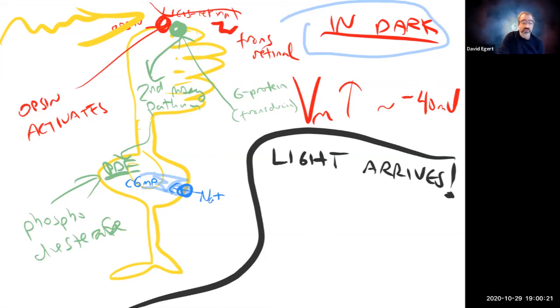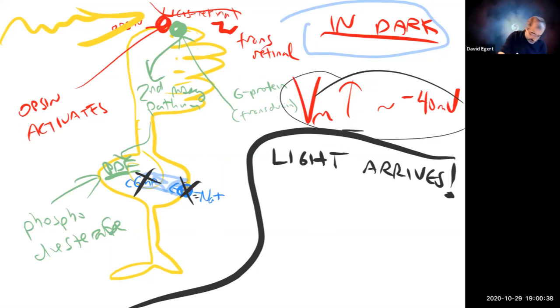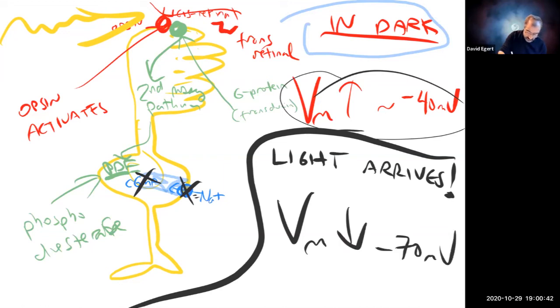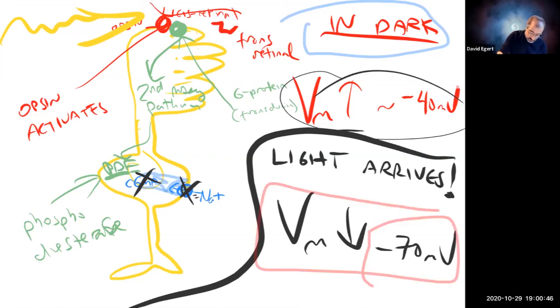What's the job of phosphodiesterase? Breaks down cGMP. Yep, it breaks down cyclic GMP, which means the sodium channels close. And now without that sodium current, the voltage is going to go back down to resting, to about minus 70 millivolts. And ka-ching, that was it. We have a voltage change due to the stimulus.